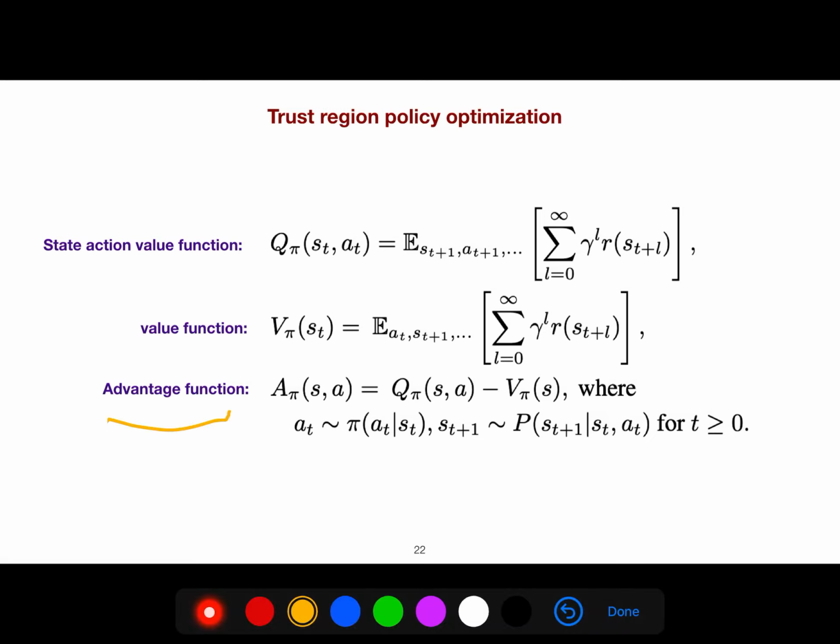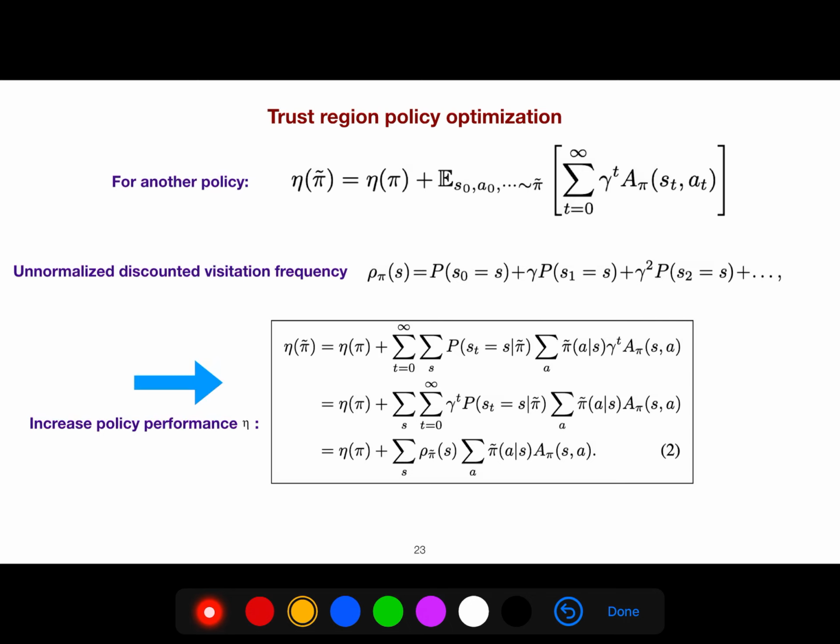I was saying that the advantage function is the difference between your state action value and your value function. If this difference is huge, your advantage is huge, you're promoting that, encouraging that action, and in general that policy, because it's an iterative procedure.